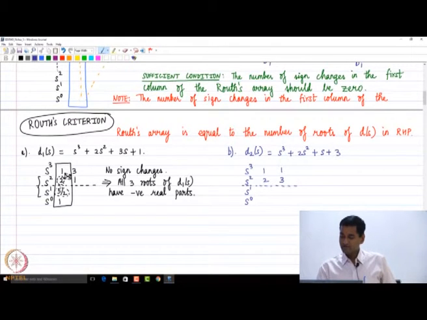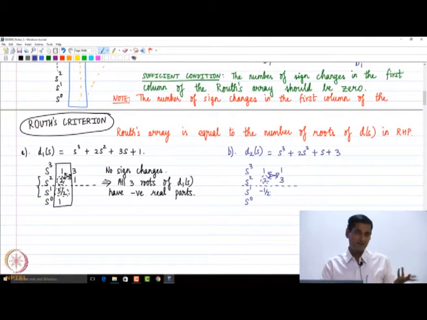Now we want to calculate for the s power 1 row. We multiply 2 with 1, subtract 1 and 3. What are we going to get? Minus 1. I divide by 2, I will get minus 1 by 2. And that's it, I have exhausted my coefficients. So we come to the s power 0 row. For the s power 0 row, we consider these two rows.